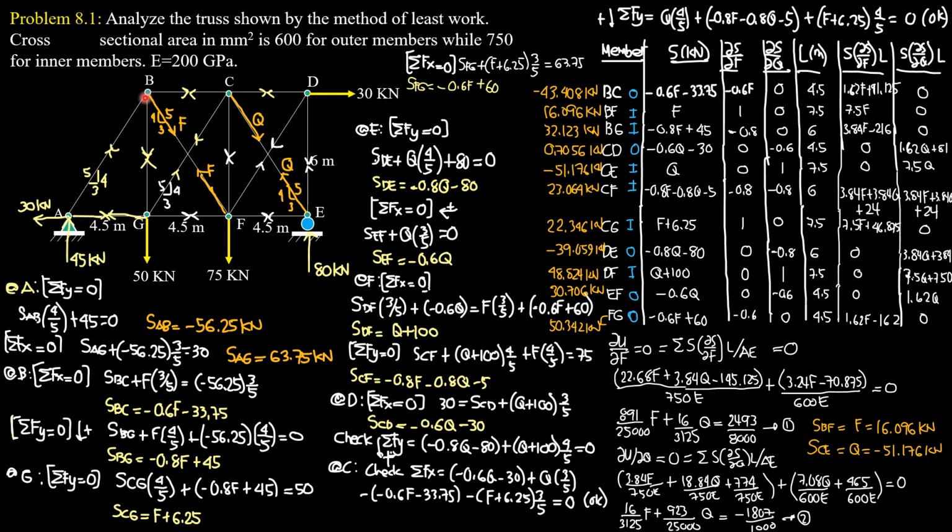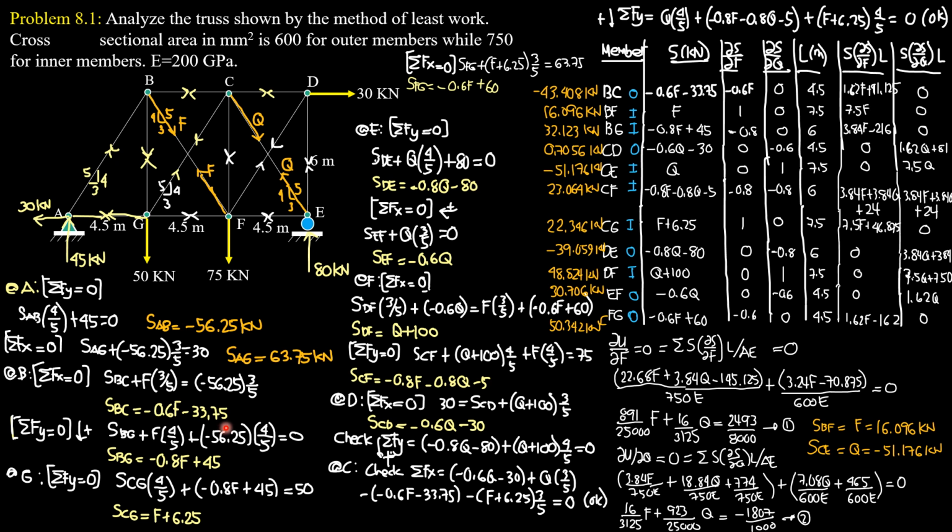We then proceed at B. Summation of forces X equals 0: SBC plus F times 3 over 5 equals negative 56.25 times 3 over 5. So SBC is negative 0.6 F minus 33.75.